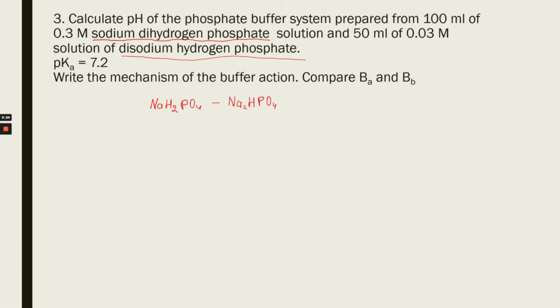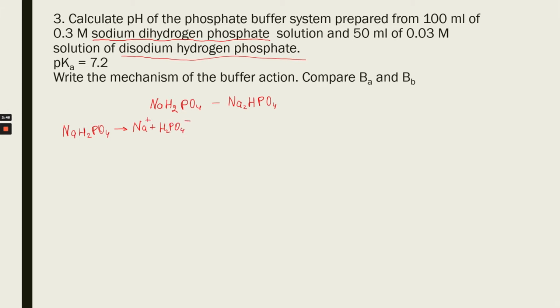So the second step according to our procedure is to show the state of substances in aqueous solution. So let's write what happens with both substances. Sodium dihydrogen phosphate is a strong electrolyte, so it dissociates fully into Na plus and H2PO4 minus.